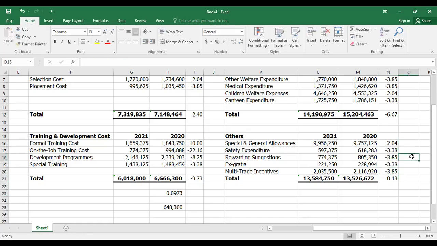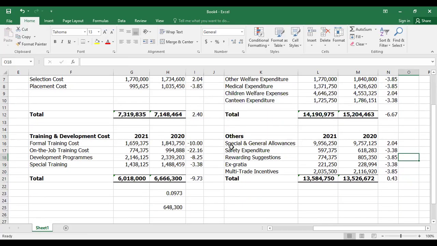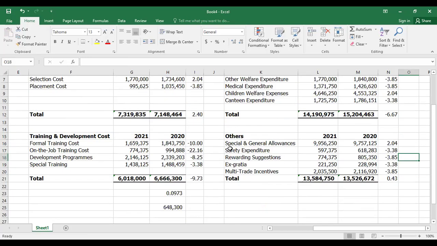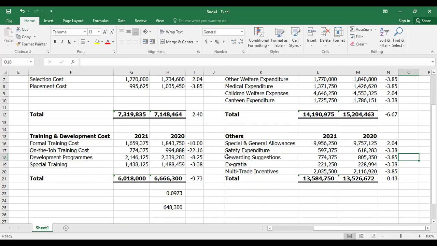So interesting stuff. While acquisition cost rose by about 2.4%, they are bringing in more employees. However, training and development declined by a figure that is far more than the increase seen in the acquisition cost, almost times 3 or even times 4, a 9.70% decline. Welfare also declined about 6.67%, and of course, for others.